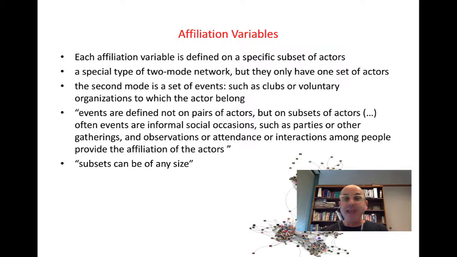networks. The affiliation variable is the third type of variable that we have. Each affiliation variable is on a specific subset of the actors, and that subset can be, for example, income, or a volunteer organization that we belong to.